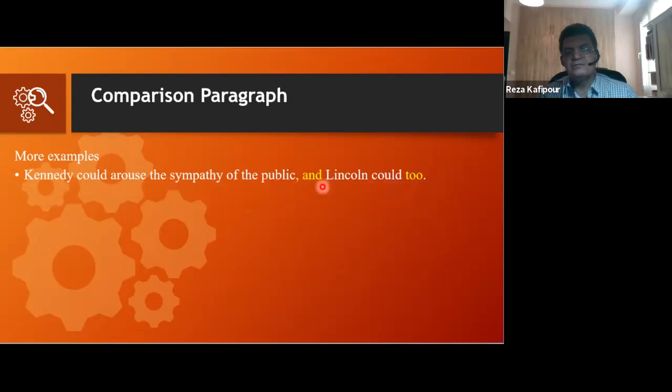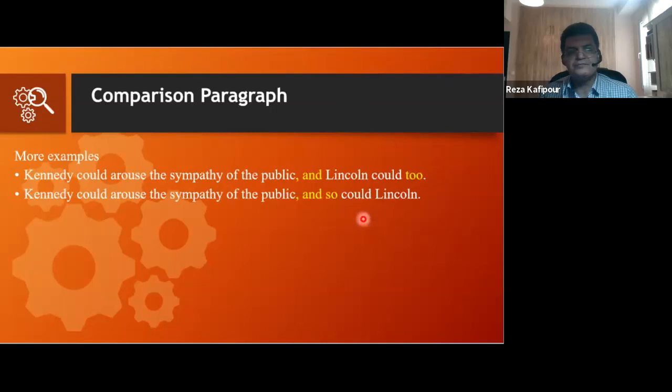As we said, after the second subject, we need an auxiliary verb, not a main verb, based on the first part of the sentence. Since the auxiliary verb is could, it is reflected in the second part. Or the other structure by and so: Kennedy could arouse the sympathy of the public, comma, and so could Lincoln. As we said, after and so, we need first the auxiliary verb and then the second subject or person.